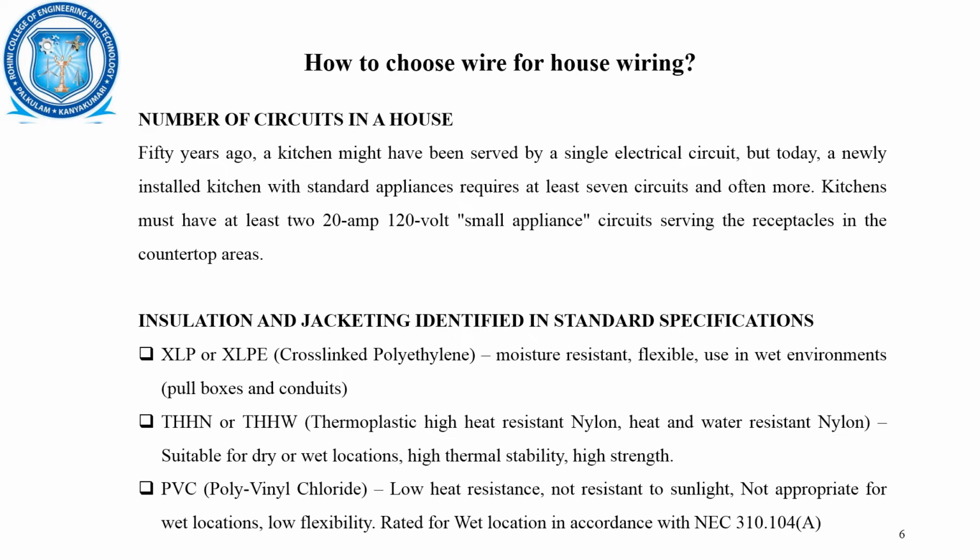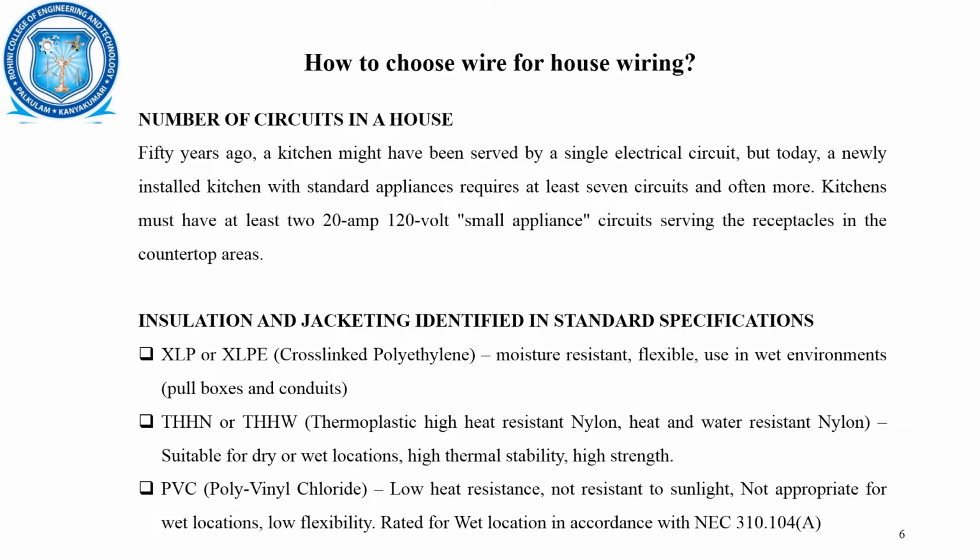And how to find the number of circuits in a house? Fifty years ago, a kitchen might have been served by a single electrical circuit. But today, a newly installed kitchen with the standard appliances requires at least 7 circuits or more. So it purely depends upon the number of appliances we are going to use in a house.